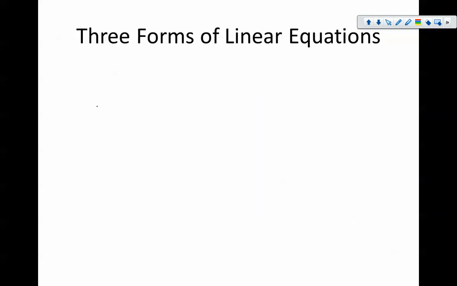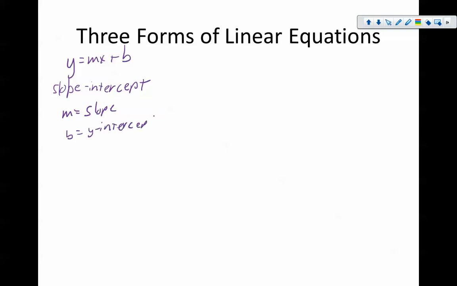So let's first talk about the three forms of linear equations. There are three major forms in which we typically write a linear equation. Two of them you've seen before. There's y equals mx plus b, and this is called slope-intercept form. And the reason why this one's called slope-intercept is because we've got two parameters here, the slope and the y-intercept.